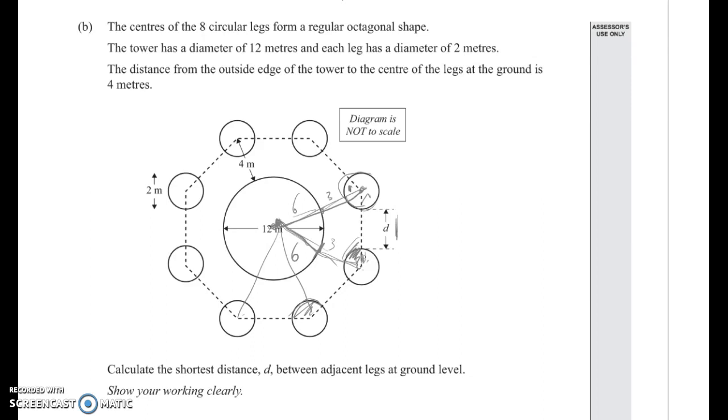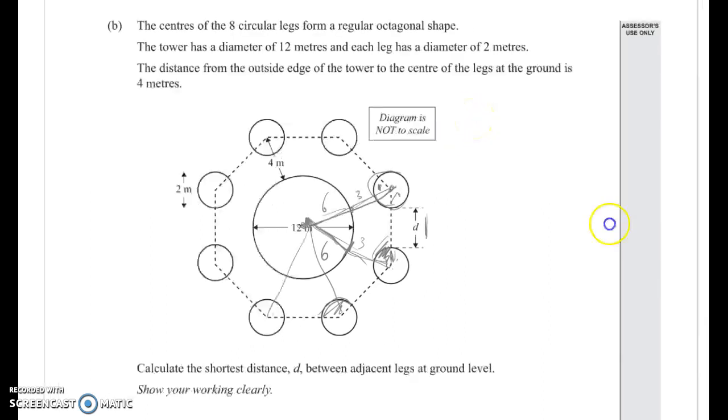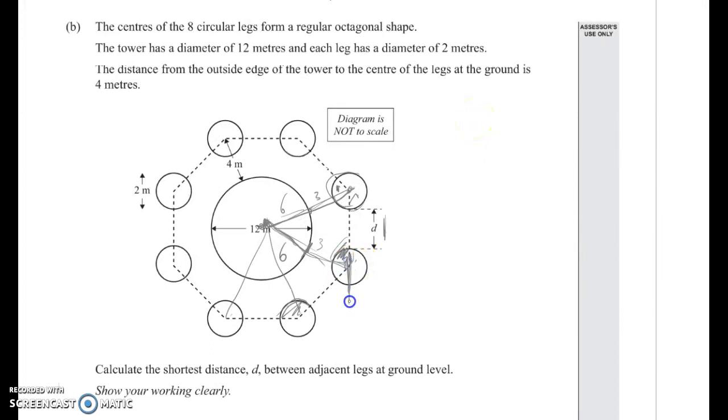So angles in an octagon, I'm actually going to use my exterior angle, because I know the exterior angles in any polygon each add up to 360, and of course there's going to be 8 of them, so 360 divided by 8 gives me 45. Exterior angle in octagon is 360 divided by 8, which is 45 degrees, and 180 minus 45 degrees is 135.